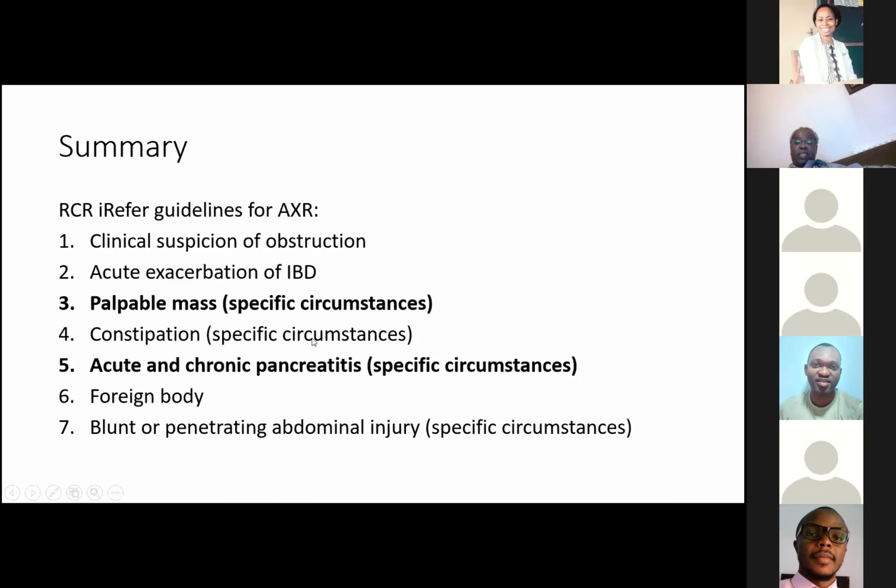But one of the things I take from here is that plain X-rays, and I don't do a lot of that anymore, can be misleading and delay proper investigation being done. And I agree with your society's indications for plain X-ray, that the palpable mass, acute and chronic pancreatitis and blunt abdominal injury all seem bizarre, which I'm quite surprised about. So what do you have to say to the person who still relies on plain abdominal X-ray because patients can't afford it?